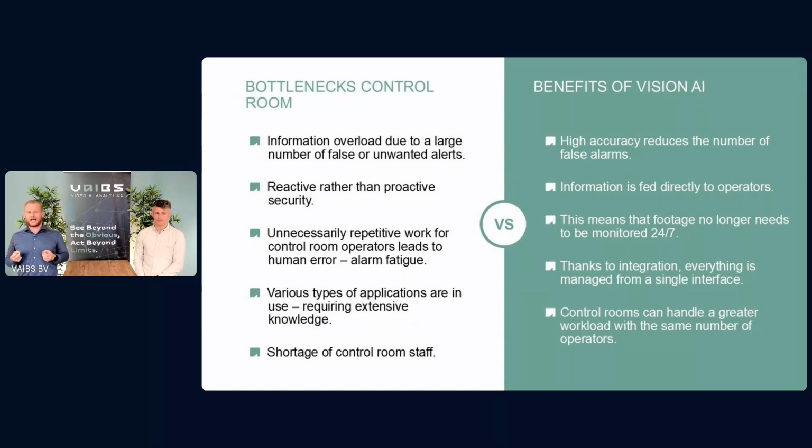And nowadays we have the technology to become more proactive and prevent things from happening. Someone is getting towards a building, someone is behaving in a suspicious manner. Act when it's suspicious and not when it's too late. Also, you would like to prevent all the repetitive work, so you can do things which really matter and make your control room operators more efficient.